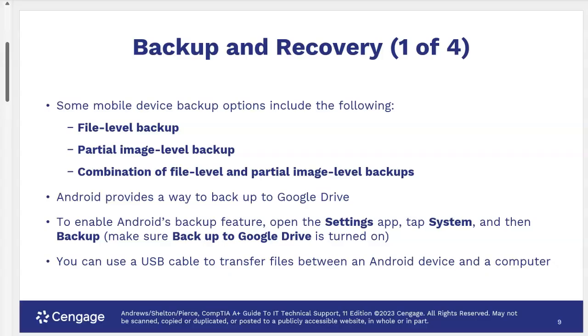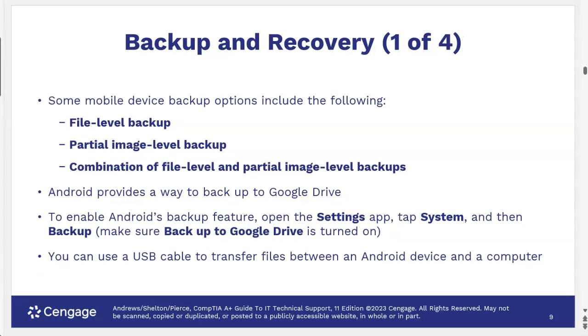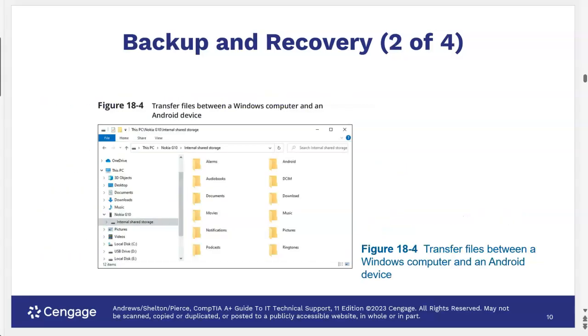Well, let's try that. I did a little research on my Samsung Note 9 or something like that. I couldn't find an easy way to transfer between my device and a computer. I plugged in the USB cable and it just started charging when I plugged it into my computer. So I would have to do a little more research on that. Every phone is probably going to be a little bit different, is my guess. But if you can get it to work, it should show up something like this.